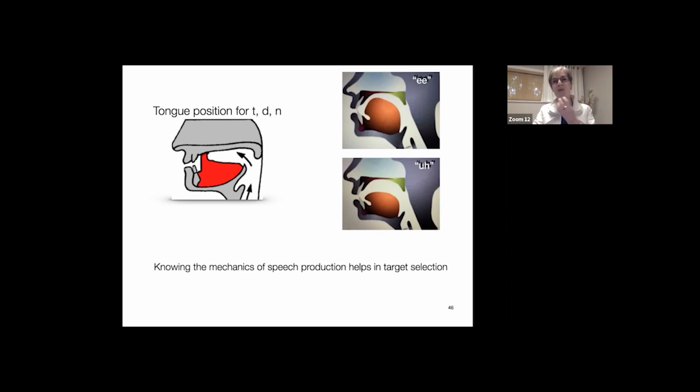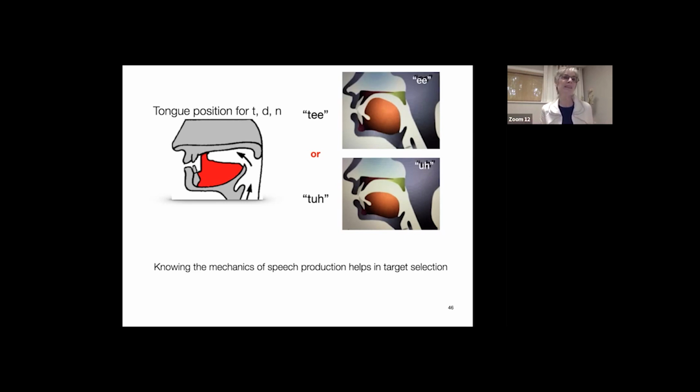The whole tongue pretty much moves up, down, front, back to produce various vowels. But knowing the mechanics of speech production can help us. So let's say, for example, that we need to select a target, and the child doesn't do very well with either repeating the T phoneme, the syllable, or T as a syllable.